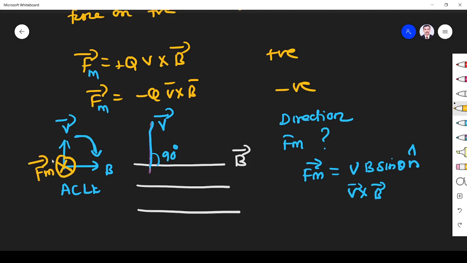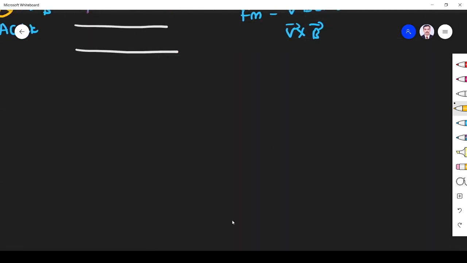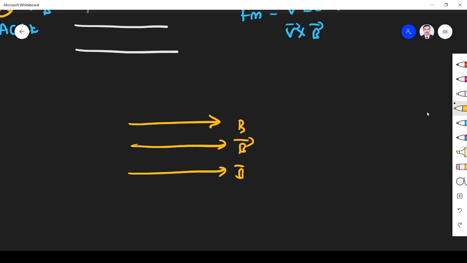Are you understanding the logic? I will give you one more example. Let us assume my magnetic field is in this direction. Now let us assume my charge is moving in this direction, velocity v. Now we have to find the resultant magnetic force direction.